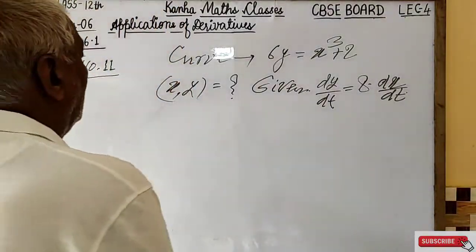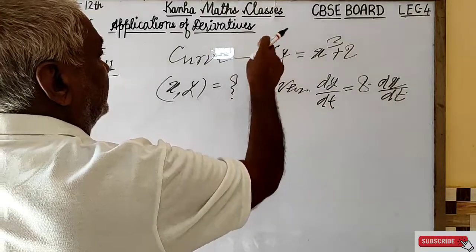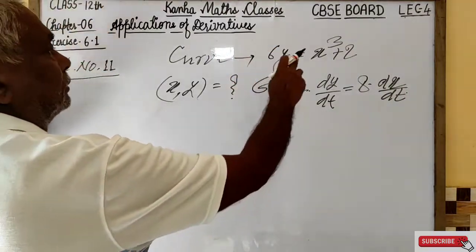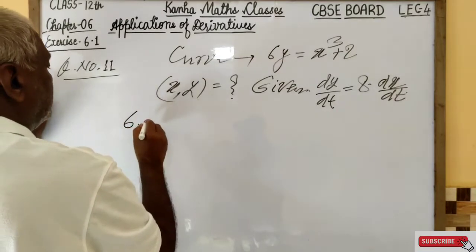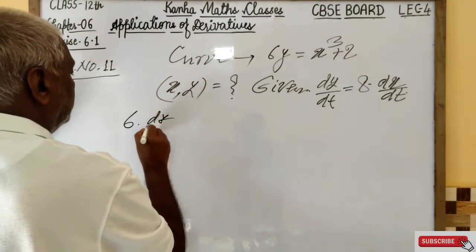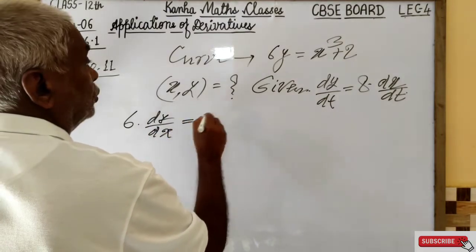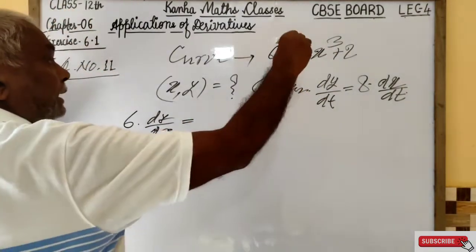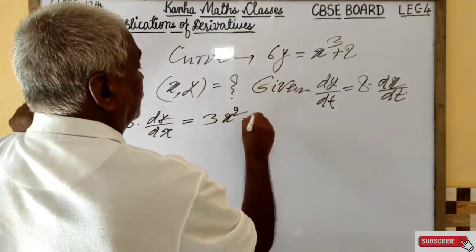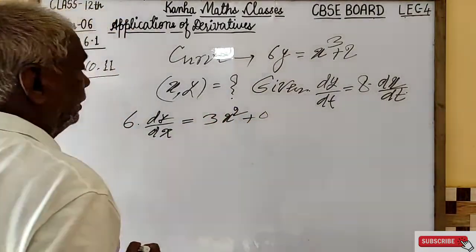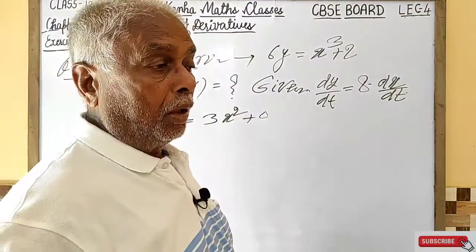Hence, by taking the derivative of the curve 6y is equal to x cube plus 2, 6y means 6 dy by dx, x cube means n x to the power n minus 1, 3x square, and 2 means 0. I have already stated the chain rule of the derivative.